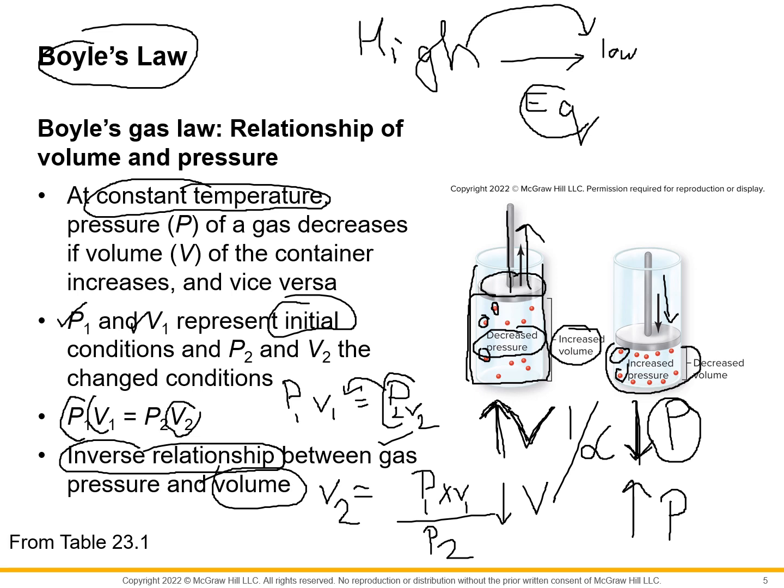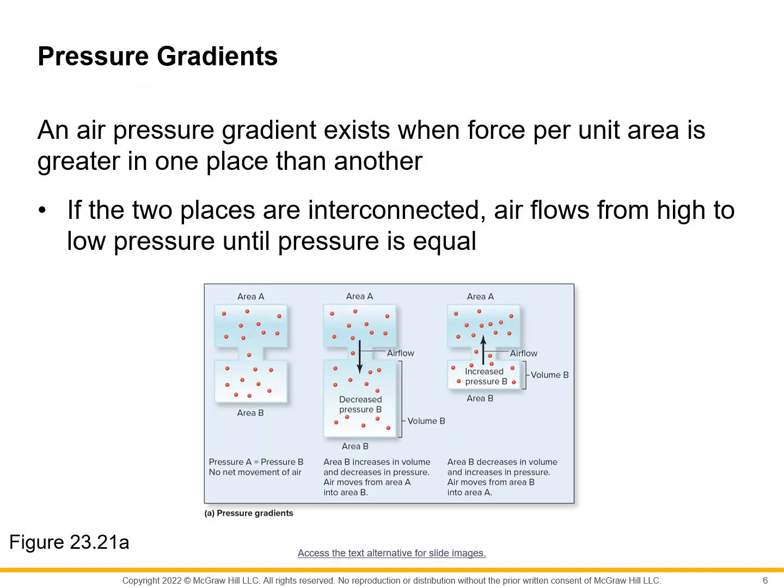Gas moves from an area of high pressure to low pressure. So during inspiration, it's high in the atmosphere, it is low in your lung because your lung volume increased. So air, which is gas, is going to move from the atmosphere into the container, which is lung. The opposite is going to happen at expiration.